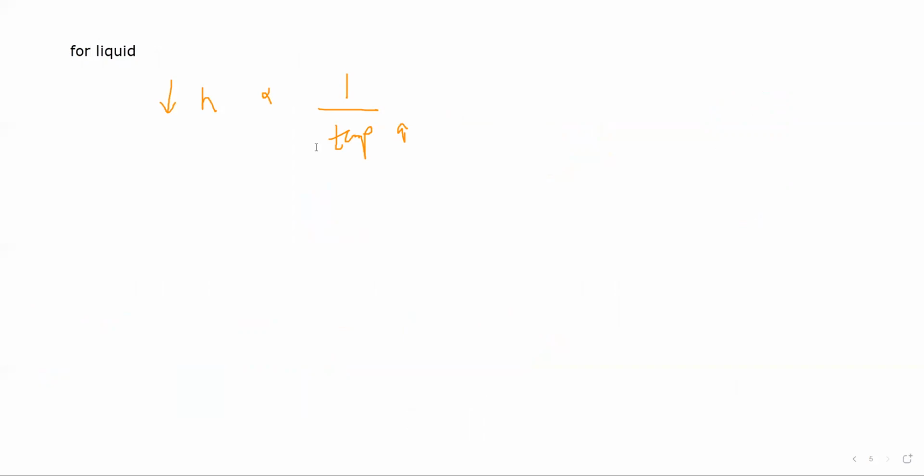And the unit of viscosity is Pascal second. How is it Pascal second? This is Pascal multiplied by second. Because according to Stokes, we have the formula F equals 6 pi eta r v.